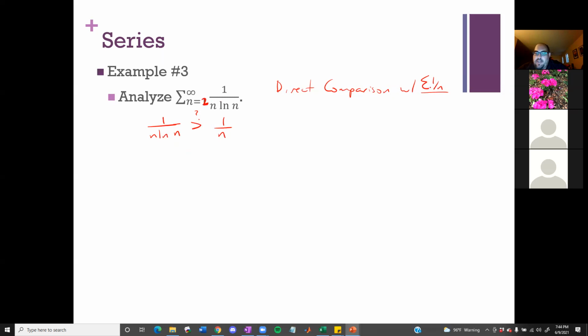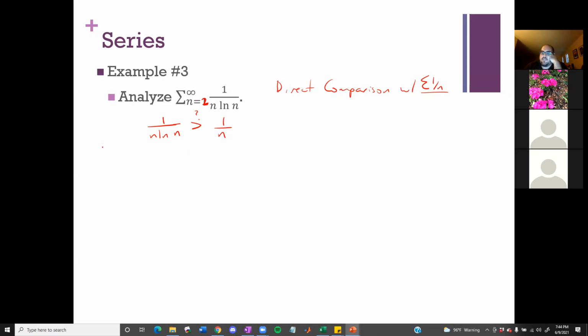So is there something else we can try? And one hint I'll give you here, that natural log really makes it hard to compare with anything, because there's not really a p series I can compare it to. So think about the things we usually use with the comparison tests.